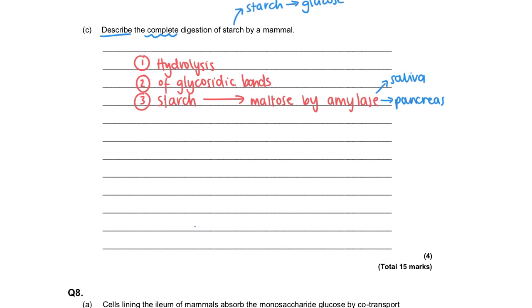Try not to waste your time. Stick to the question. So starch is broken down by amylase into maltose. We see hydrolysis of those glycosidic bonds, and then we see maltose is turned into glucose. If you want to be specific, you can say into alpha glucose by maltase.